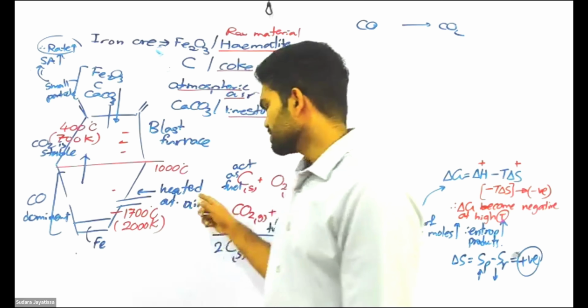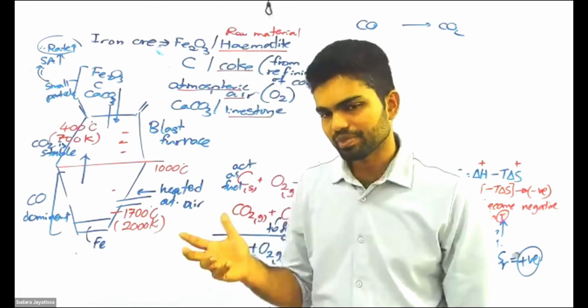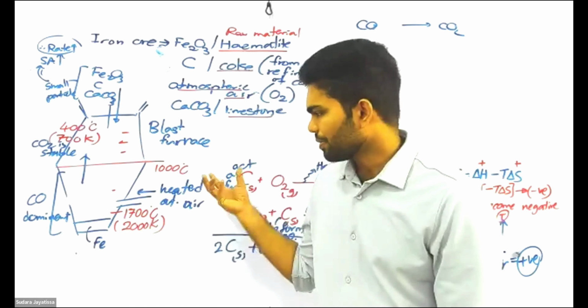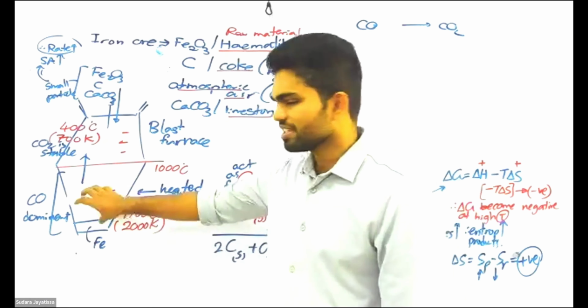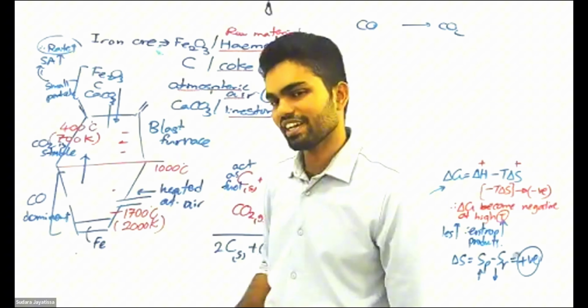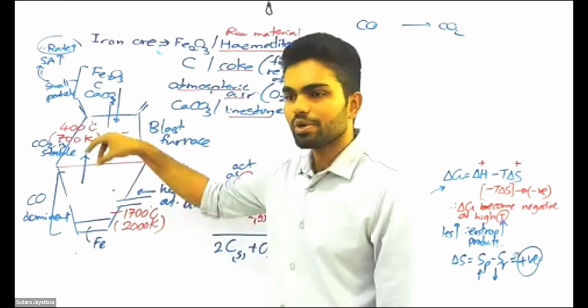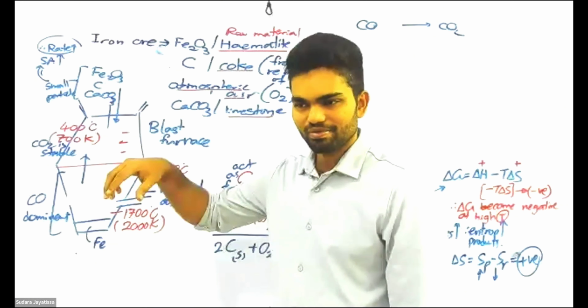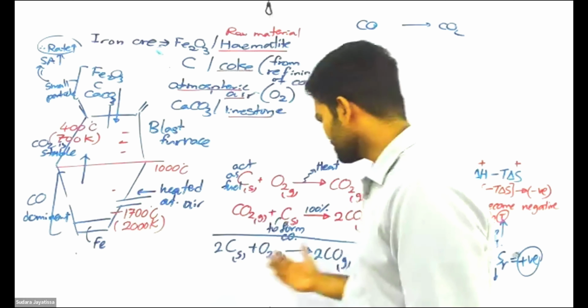Why? Because the air we are inserting is regulated and controlled, and all the O2 molecules we are adding are consumed in this region. That's how we control the rate. Therefore, at the top region, we don't have O2. All the O2 is consumed to make carbon monoxide.